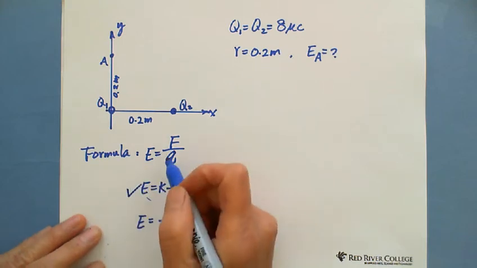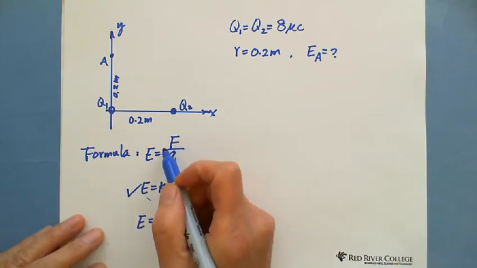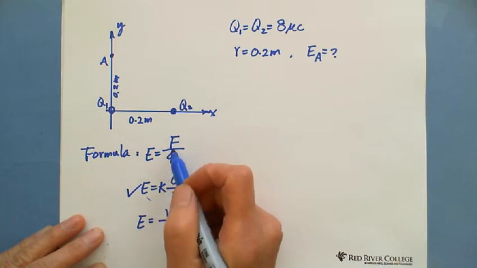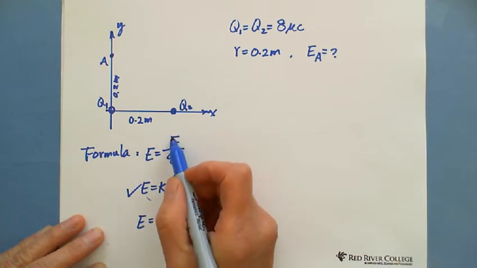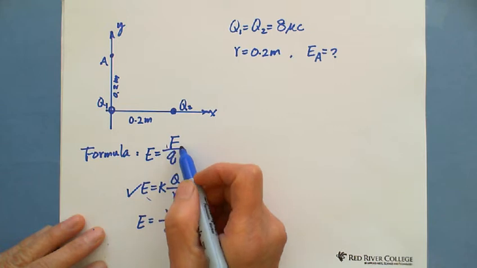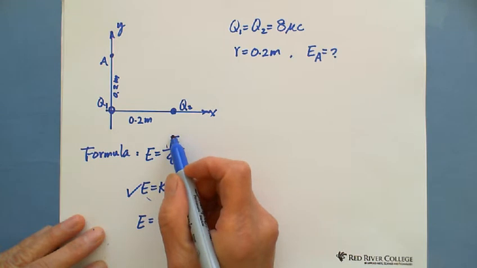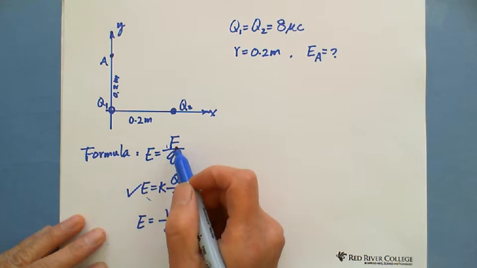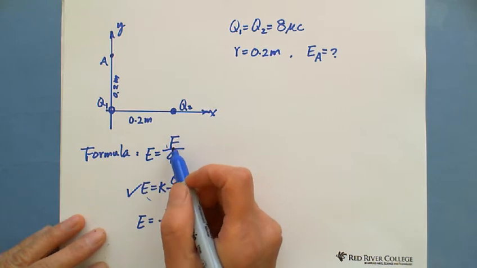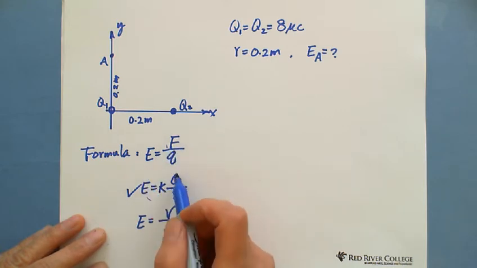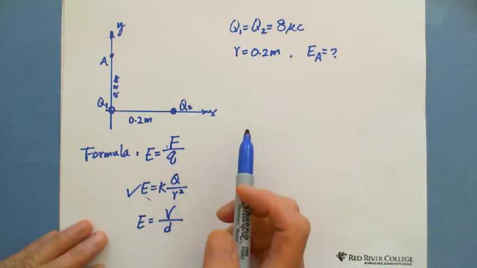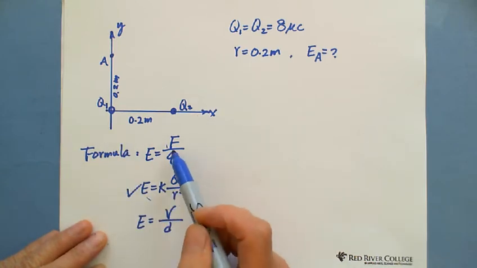You may say I can also use the definition, but before using it, we need to use Coulomb's law to find the force, then use the definition. So two steps. Actually, this formula comes from Coulomb's law applied to a point charge together with the definition.